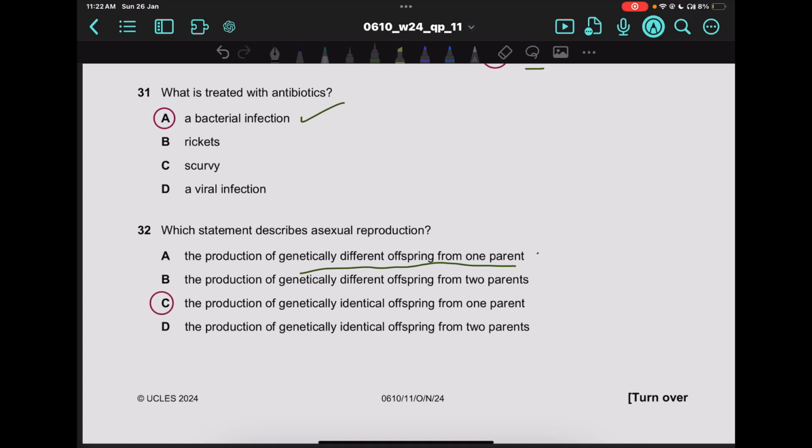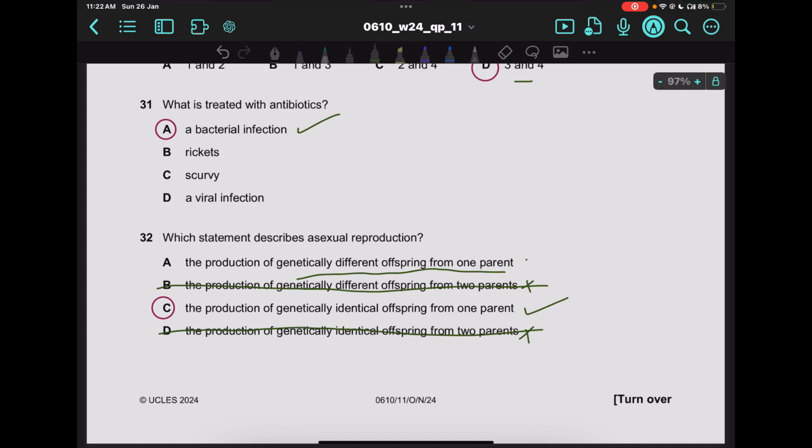B. The production of genetically different offspring from two parents. This is incorrect, also because it involves two parents. So the only correct answer is the production of genetically identical offspring from one parent. This is the correct statement about asexual reproduction.